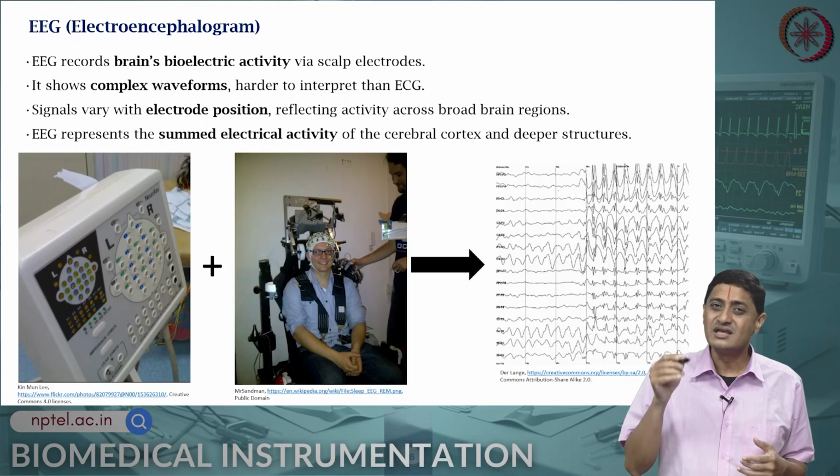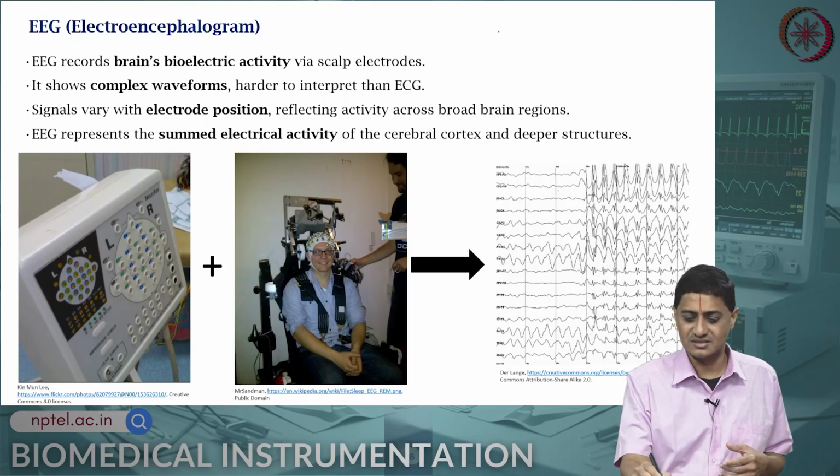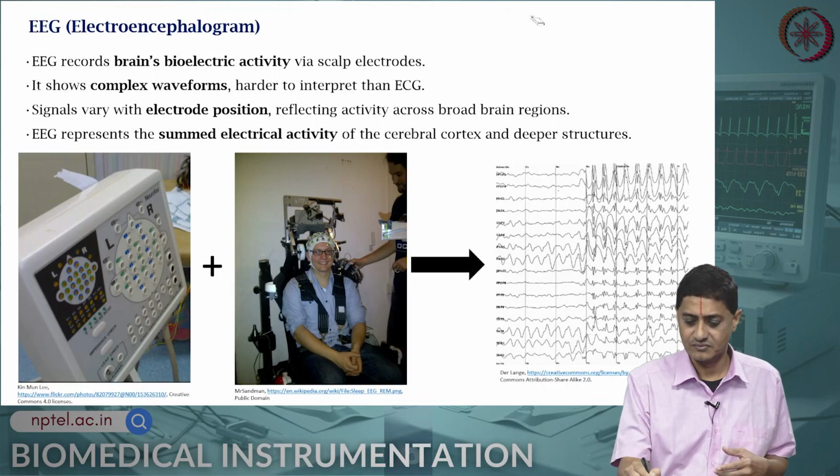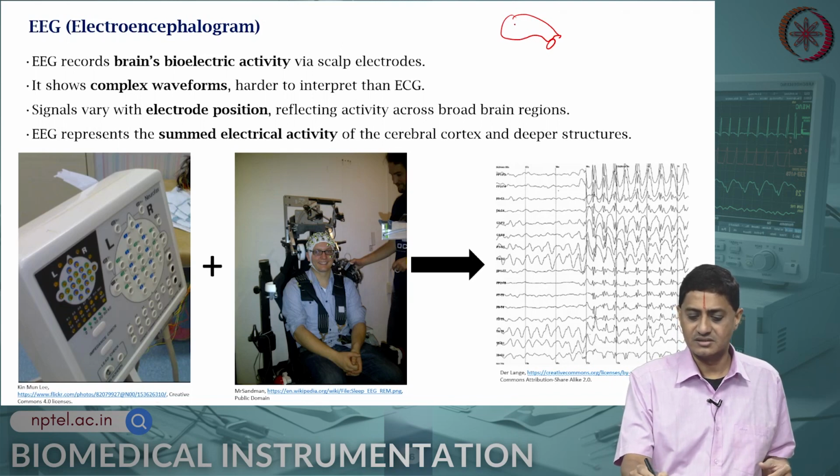That is, if some excitable tissue, say this is the brain, the cerebellum, and some activity is happening in this place and I am keeping the electrode here, due to volume conduction effect, I am measuring some activity here.